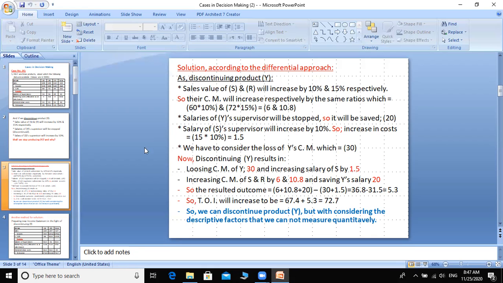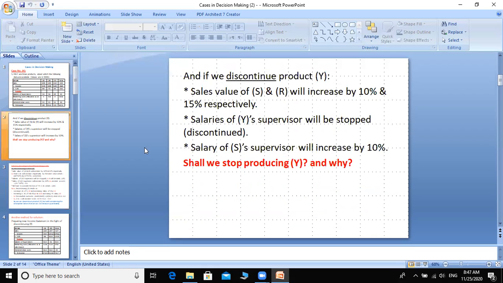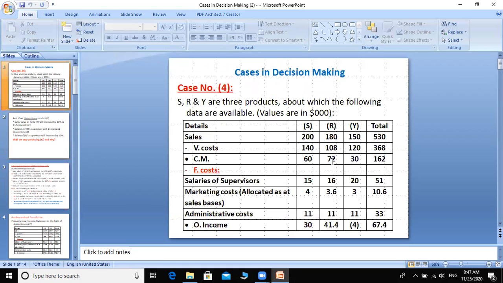The 60 and 72 are the contribution margins here. So we increase 60 by 10%, this means 6, and 72 by 15%, this means 10.8. So instead of increasing 10% on sales and 10% on variable cost, we increase 10% on contribution margin and finish. The same for R.